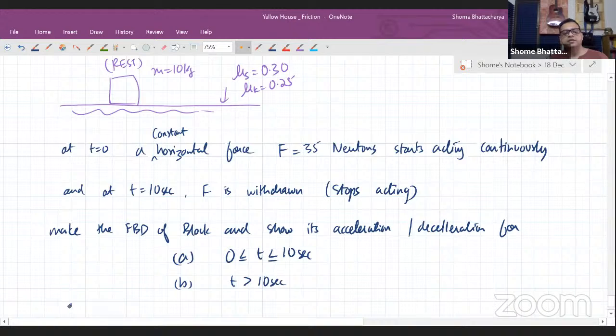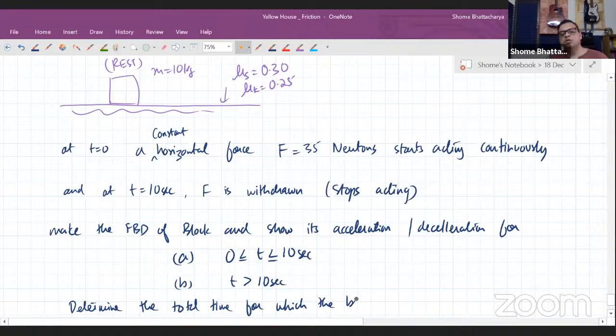And determine the total time for which the block moves, and the total displacement.